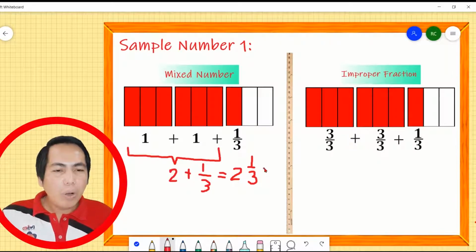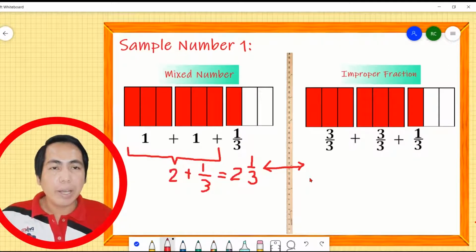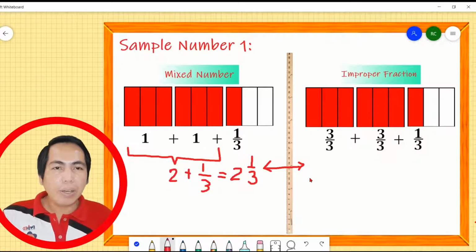Now, how are we going to write this mixed number as an improper fraction? An improper fraction is a fraction in which the value of the fraction is equal to or greater than 1. We can immediately identify if the given fraction is an improper fraction if the numerator is bigger than the denominator. If we look here, 1 whole is equivalent to 3/3.